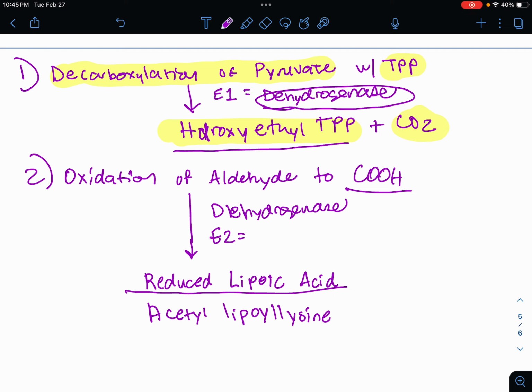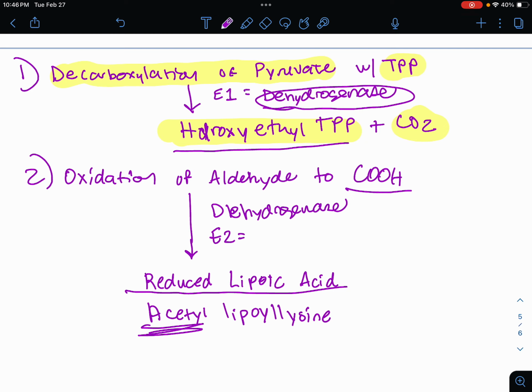So, since we're going to transfer that acetyl group to the lipoic acid on enzyme 2, we're going to be using the transacetylase. That's enzyme 2, transacetylase. We're going to be making a thioester bond when we move that acetyl group over to the lipoic acid. More on lipoic acid in the video over the lecture notes and trying to sift through what the professor wants us to actually remember.